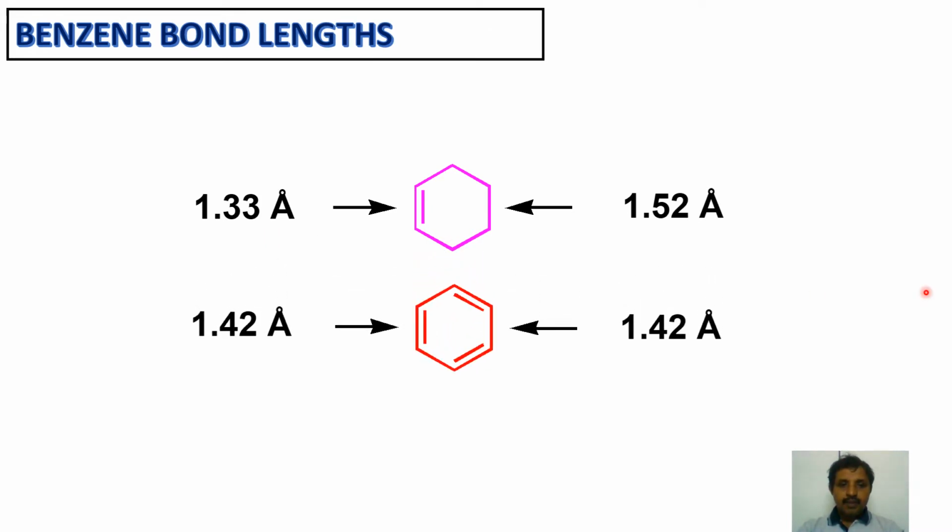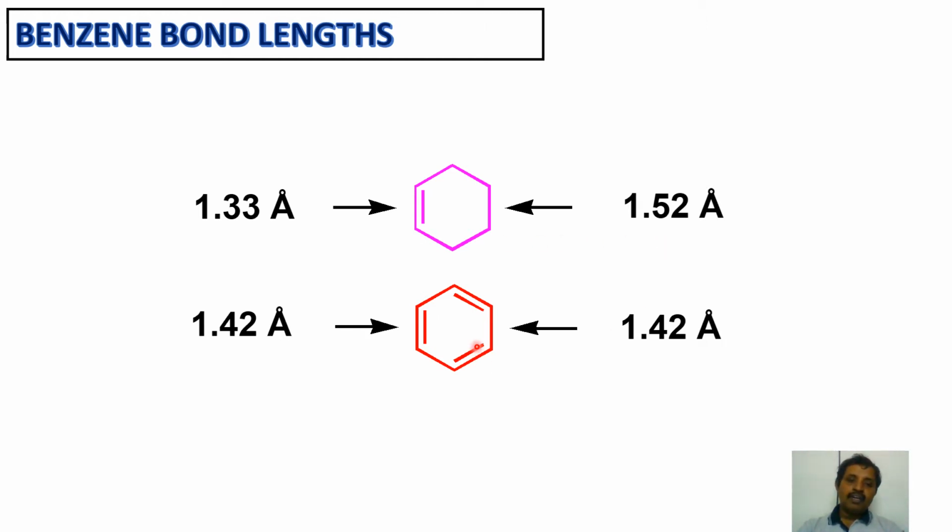Now, when we consider a benzene molecule, the bond length between the two carbon atoms which have a double bond is 1.42 angstrom units, which is intermediate between 1.33 and 1.52.